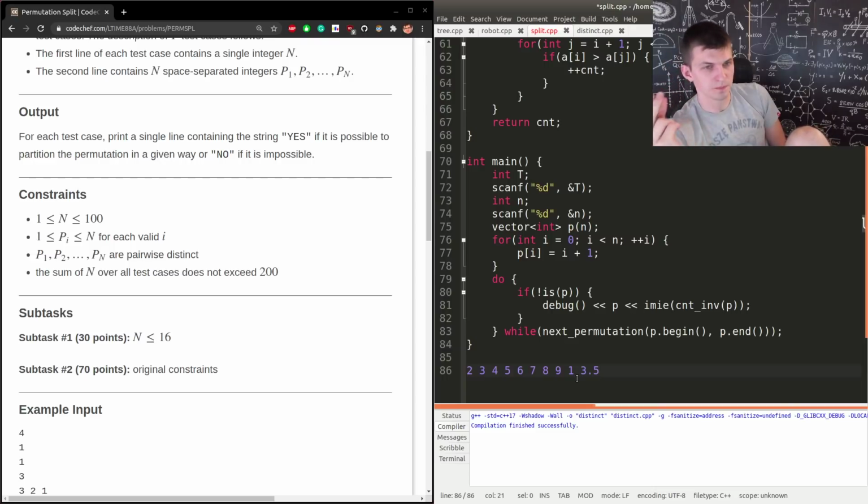What about this? If the sequence is almost sorted, and it means only at most like square root of n elements are off, then the answer is yes.